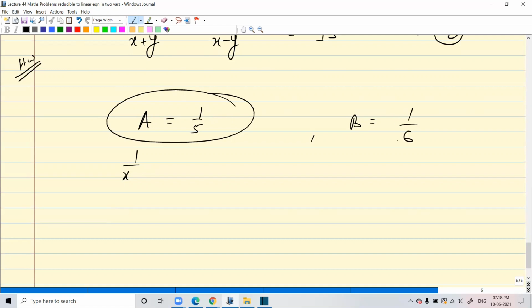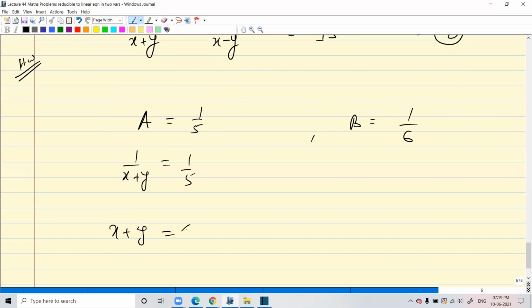And b will be 1 by 6, something like that. It can be anything. So what it means, 1 by x plus y is equal to 1 by 5. So x plus y is equal to 5. So even after doing all this work, you're still not able to find the value of x and y, but you have got a linear equation in two variables, x and y. x plus y is equal to 5. Same way, you will get another equation. Got it?